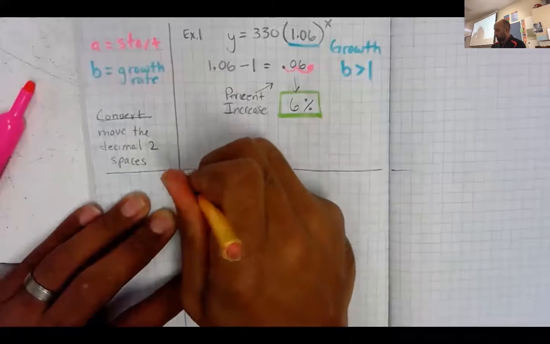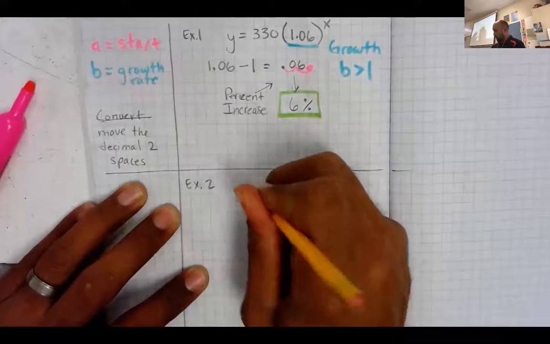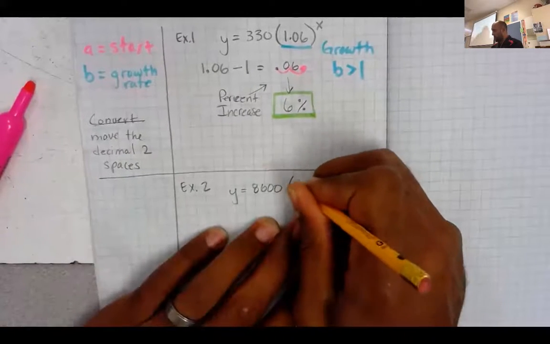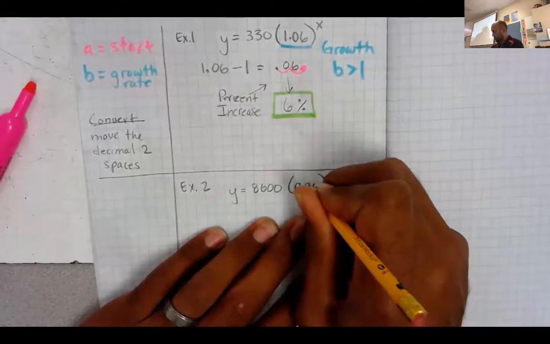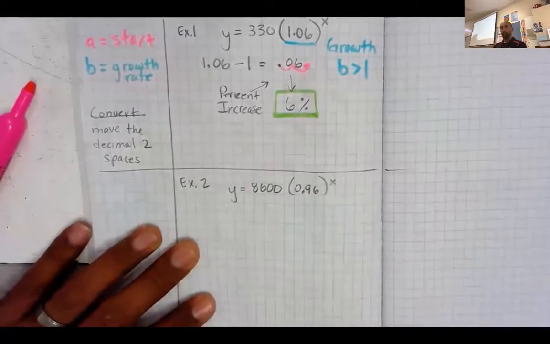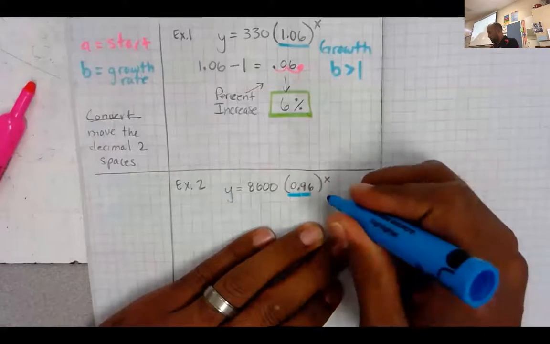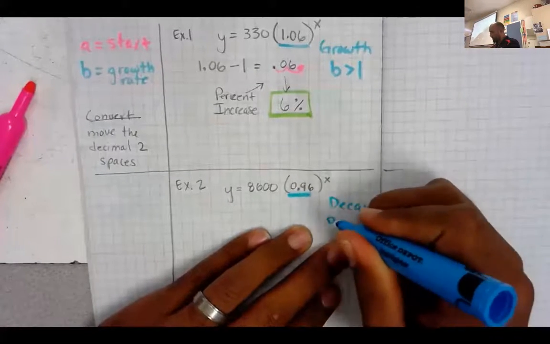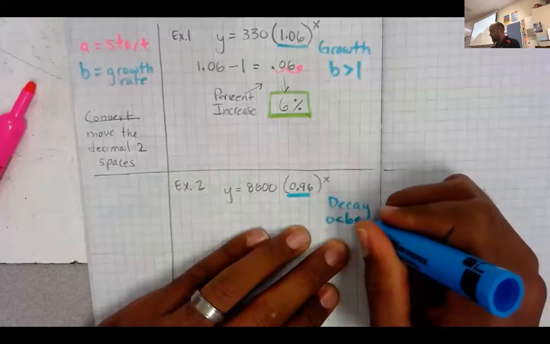All right. So for this example, we got 8,600 as our A. Our B is 0.96. And we know that this is decay or decrease, because B is greater than 0, but it's less than 1.